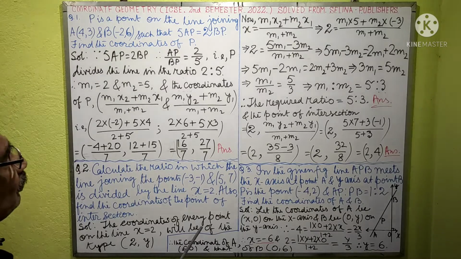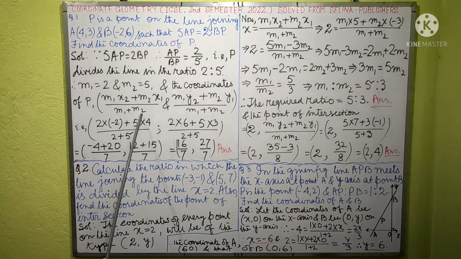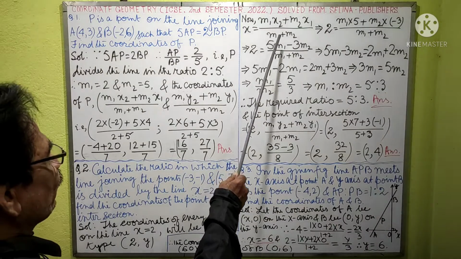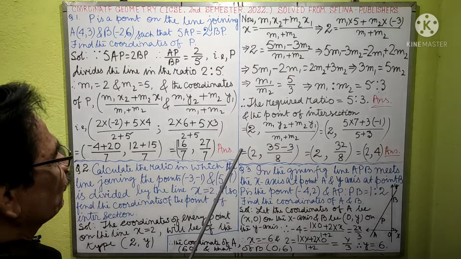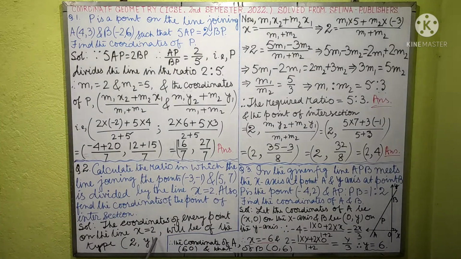Now you must know the formula is like this, and here we don't know the ratio, so we will take it as m1 and m2. Now x equals (m1 x2 plus m2 x1) by (m1 plus m2), and here x equals 2 because the line is x equals 2.